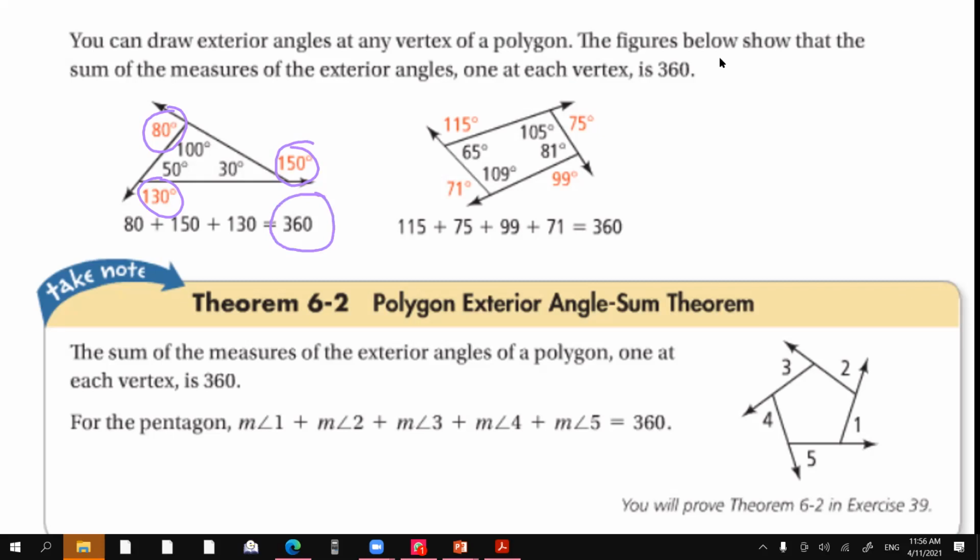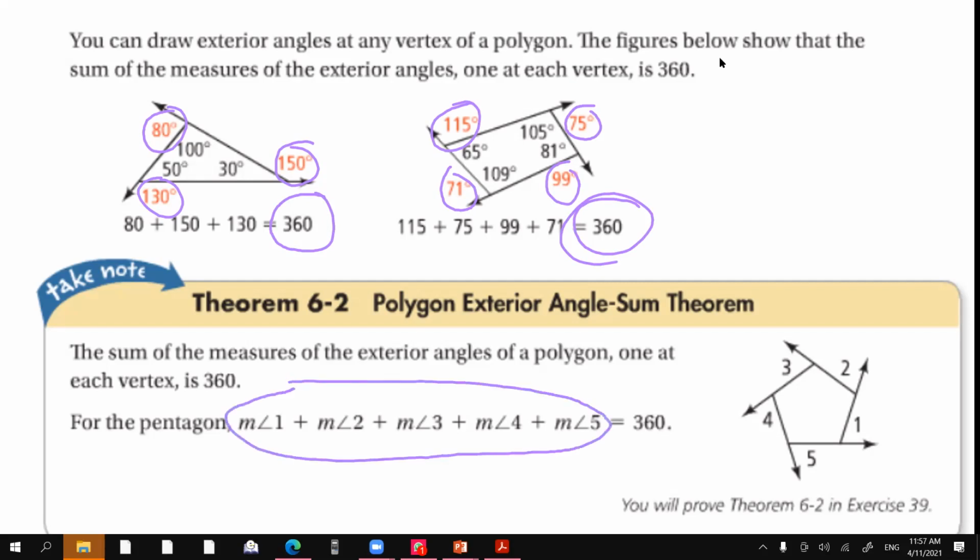And if I have an equilateral shape, the summation of the exterior angles will also be 360. So that tells us about theorem 6.2: the summation of the measures of the exterior angles of a polygon. You add all of the angles that are outside the pentagon, and they will be 360.